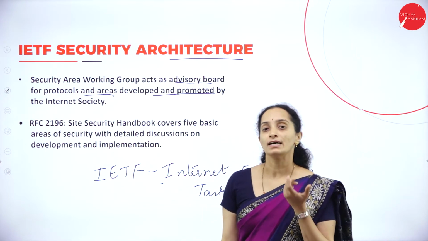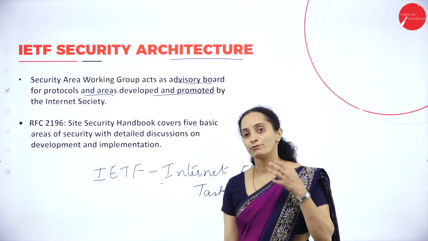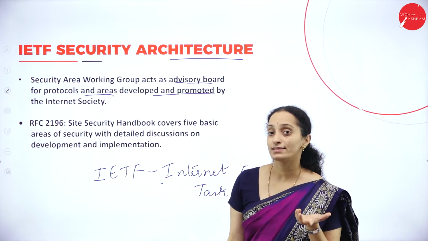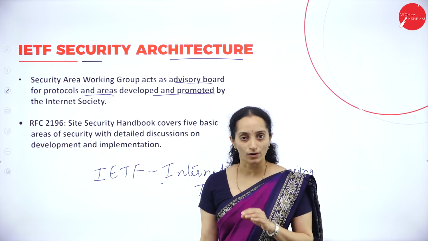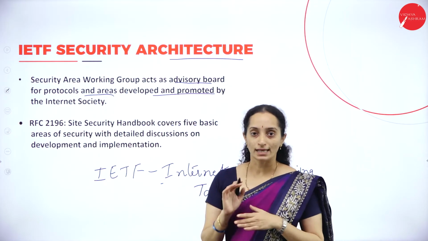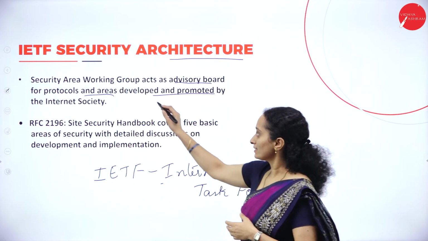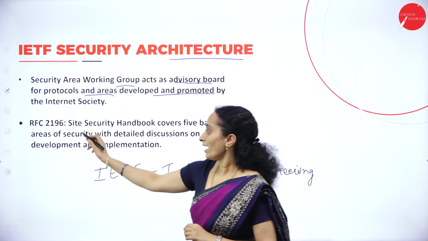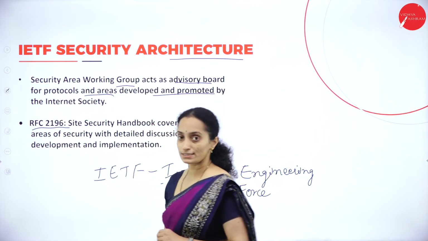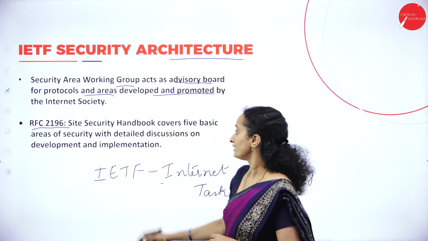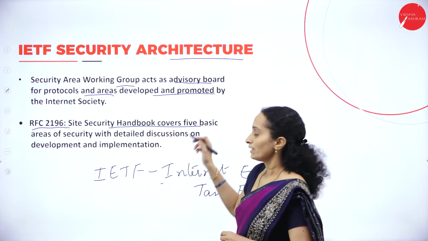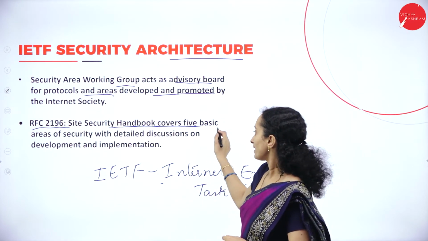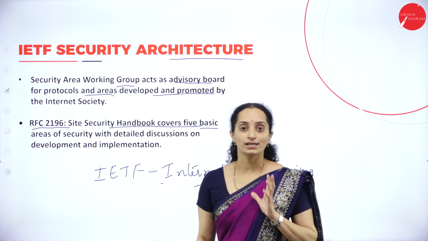What are the different data areas or information security areas that must be answered by different organizations to secure the data? All these things have been set by the IETF. We have the RFC policy set by IETF. It is the handbook that covers the basic areas of security.